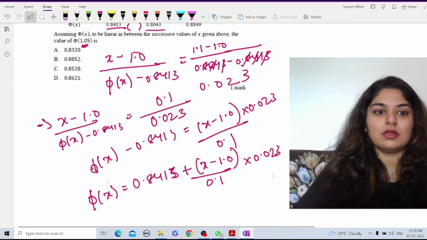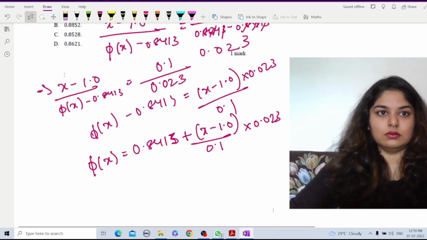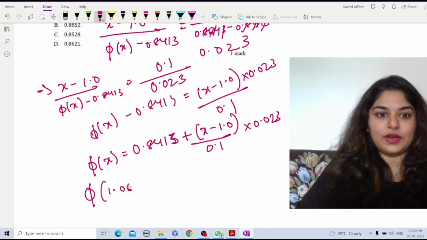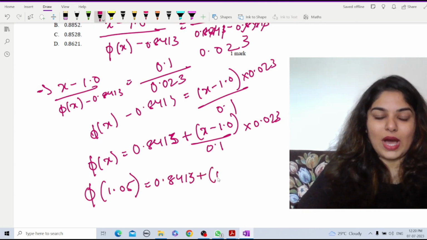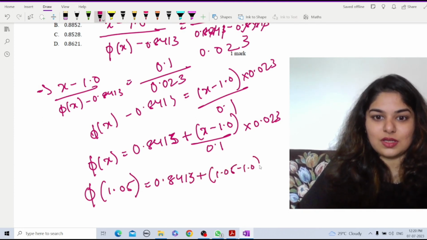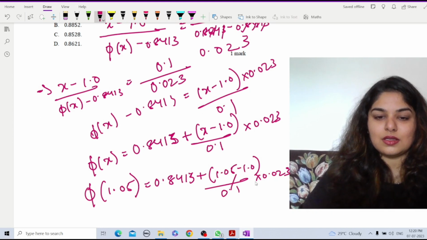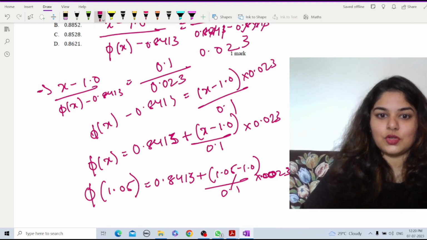Okay, so phi of 1.05 is equal to 0.8413 plus 1.05 minus 1.0 by 0.1 into 0.023. Okay, now if we take this dot here, we will have 0.0023.